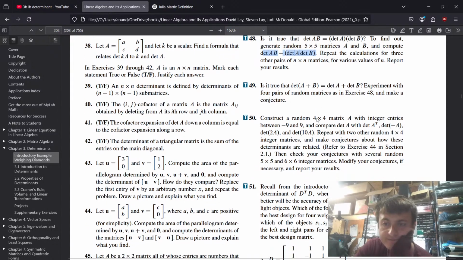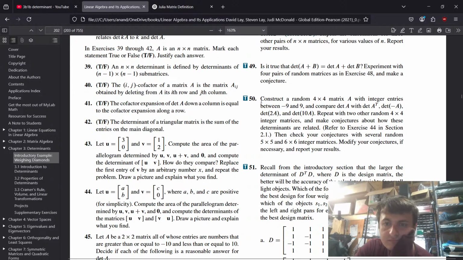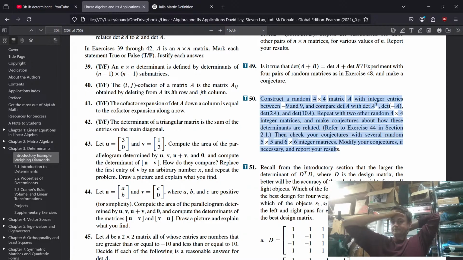Would definitely do that. Construct a random 4x4 matrix A with integer entries between -9 and 9. Compare det A with det of A transpose, det of -A, det of 2A, det of 10A.